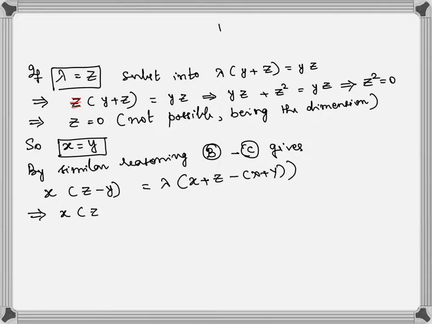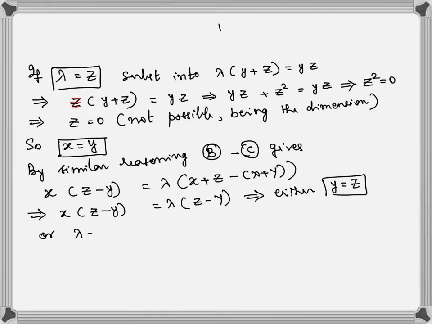This would imply x times (z minus y) equal to lambda times (z minus y). This would give us two possibilities: either lambda equal to x or y equal to z.